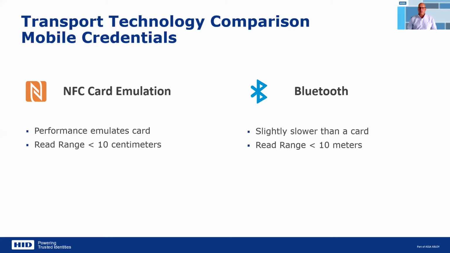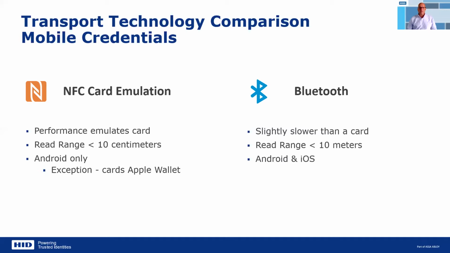On the other side, the read range of NFC is limited. Typically, it's less than 10 centimeters. However, for Bluetooth Low Energy, the read range goes up to 10 meters. So you can really operate the reader and open the door from several meters.